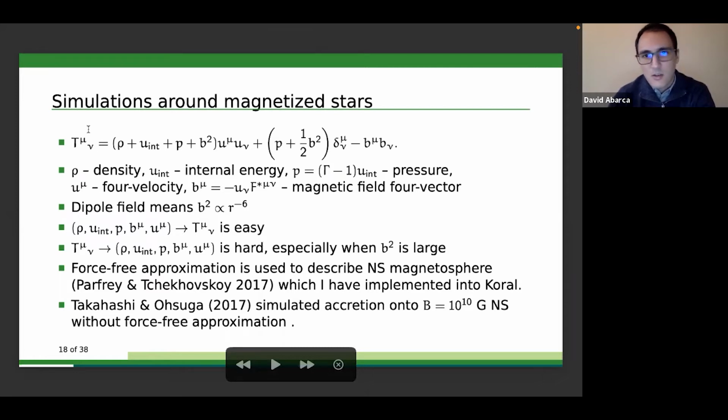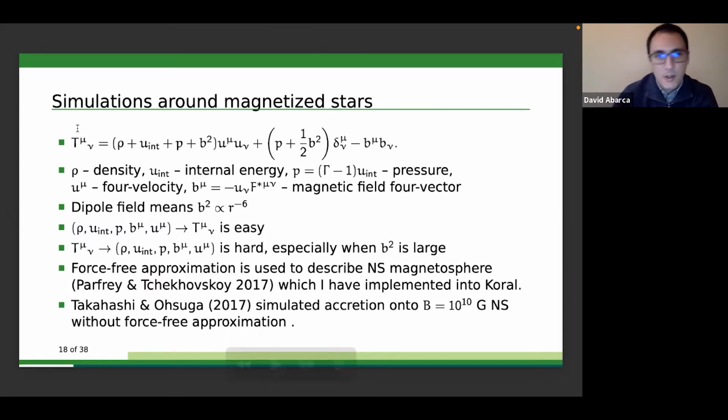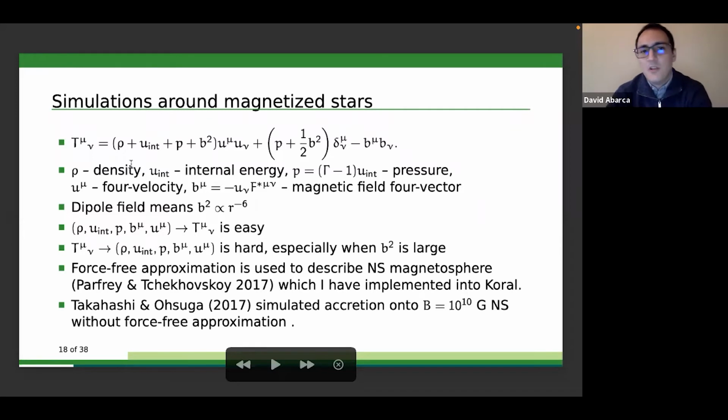Okay, so these conserved quantities that I mentioned earlier, these components of the gas stress energy tensor, can be written down in terms of primitive variables, things like the gas density, gas internal energy, pressure, stuff like this, okay? So when you're computing these conserved quantities, you just have to plug in values to this equation here.